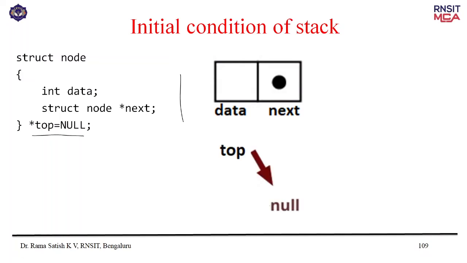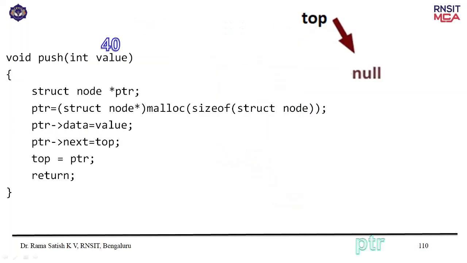This is the initial stage: top is equal to null, and you have the data structure which can hold the data, and the next pointer is null. Now, in this case, you are calling the push function for the first time.